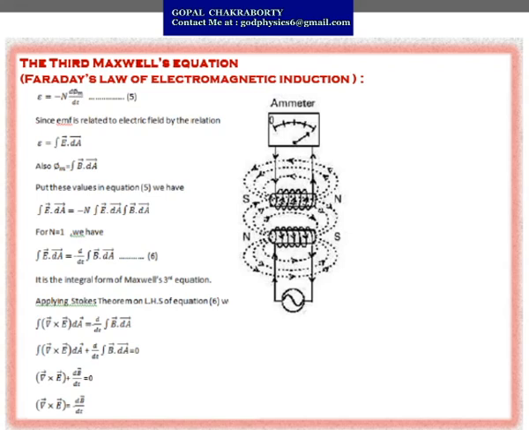Now applying Stokes' theorem on the left hand side. This part I have discussed in my chapter on vector calculus, so you can check that video. Here I have directly applied Stokes' theorem on the left hand side, which relates the line integral to a surface integral. This converts it to the surface integral of del cross E dA equals minus d dt of the surface integral of B dot dA.